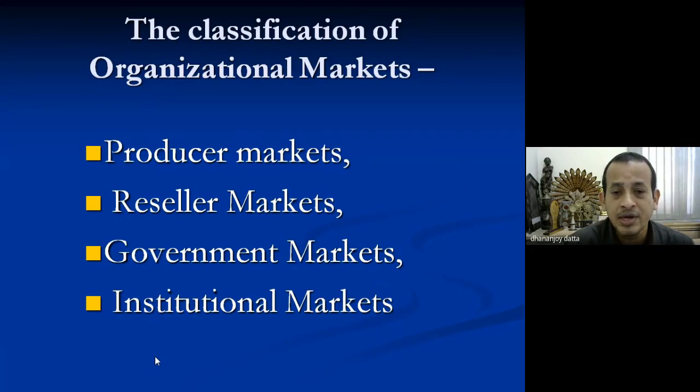Then the user is also another category in the producer market. Users purchase a finished product and use it to produce another product.